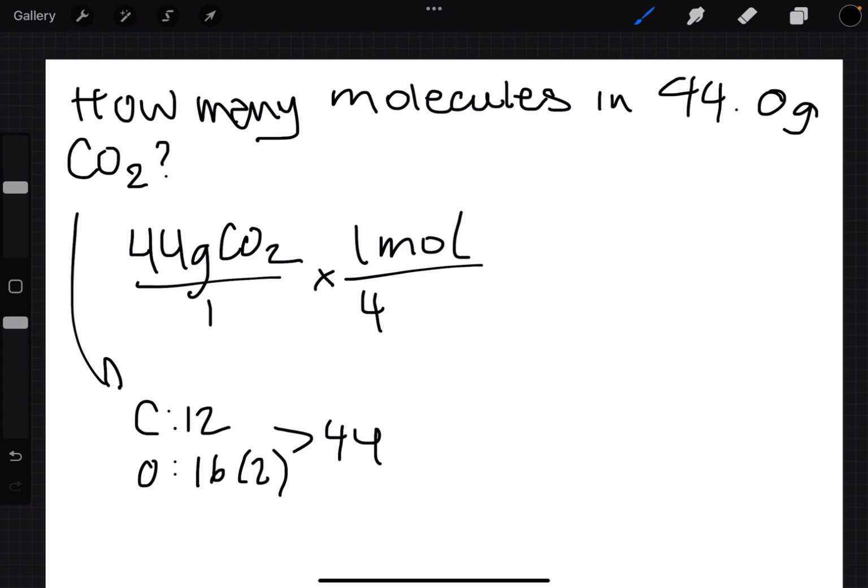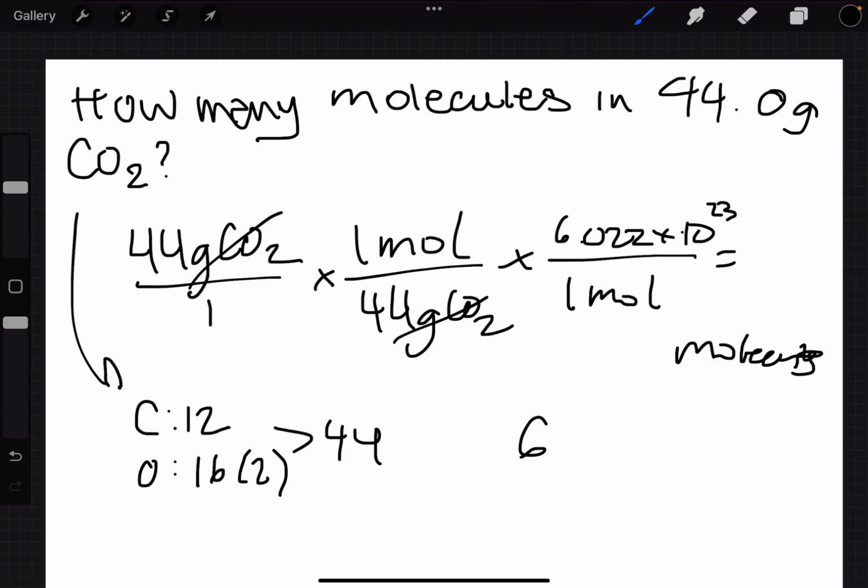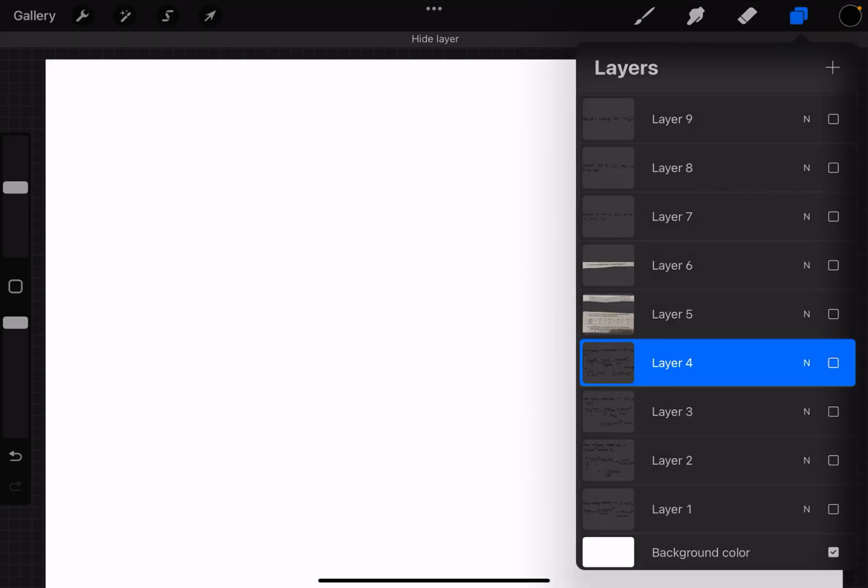And so 1 mole over 44 grams of CO2, you cross the grams out, obviously. 1 mole is equivalent to 6.022 times 10 to the 23 molecules. So essentially, it's just 6.022 times 10 to the 23 is your answer.